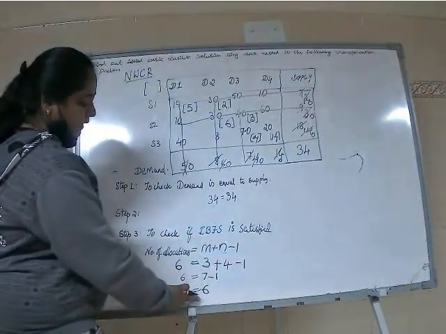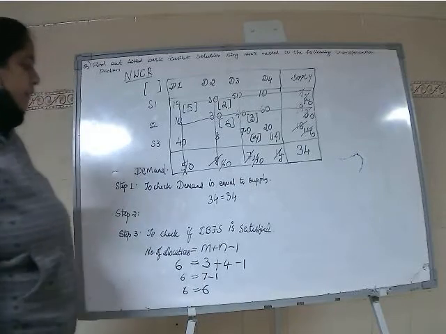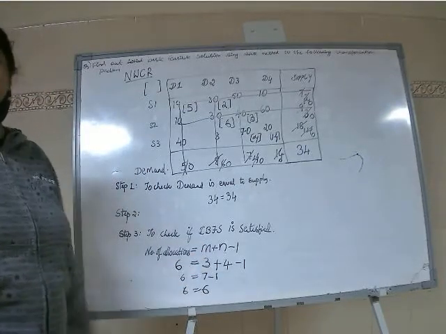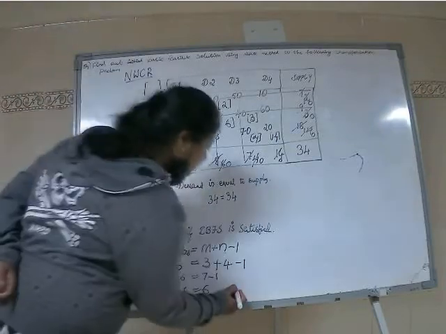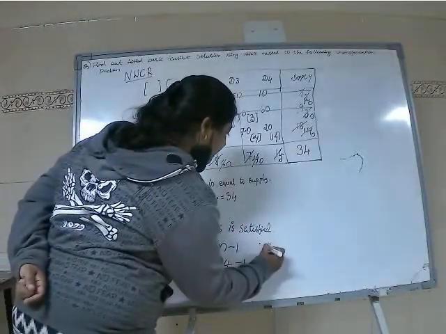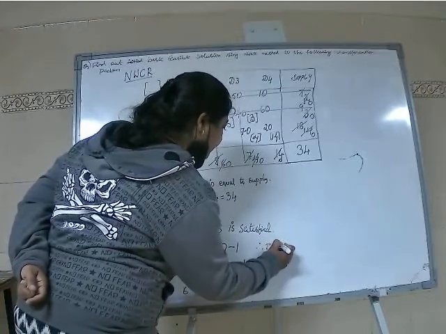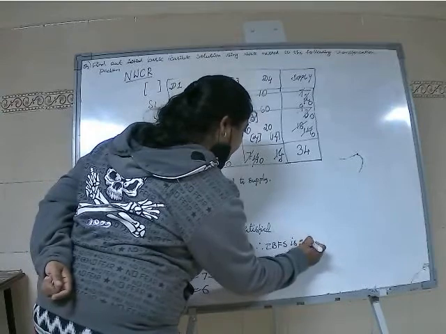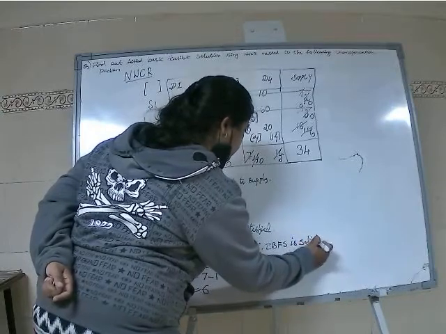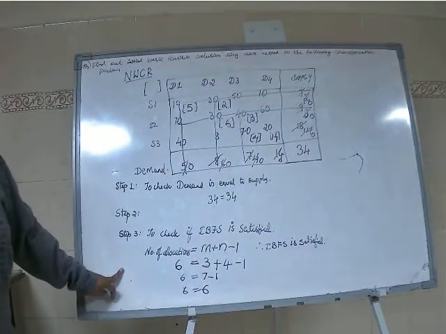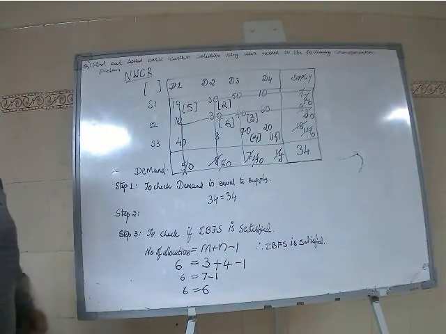Therefore both the allocations and the rows plus columns minus 1 are equal. Therefore IBFS is satisfied. This is your step 3. Okay, now IBFS is satisfied.